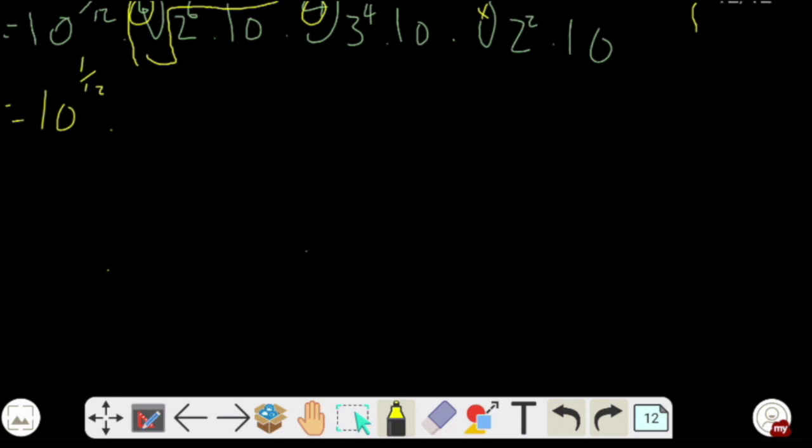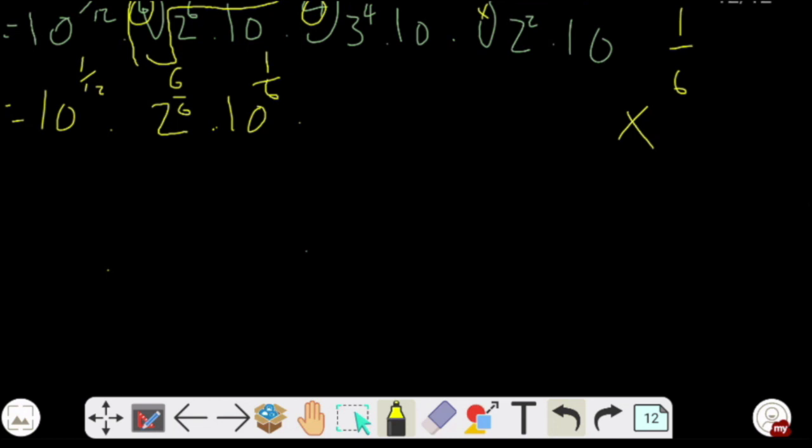So we can write it in terms of 2 to the power of 6 over 6, because 2 is raised to the 6th power, times 10 to the power of 1 over 6.